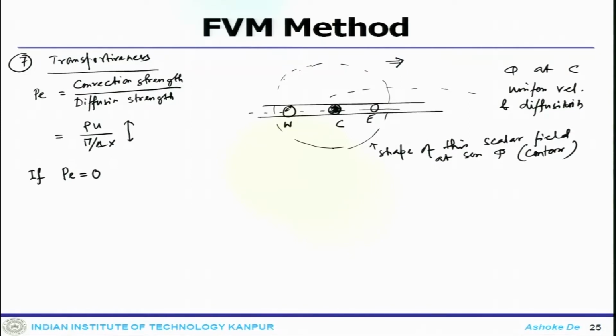Now, if the Peclet number is 0, what does that indicate? It indicates the transport of phi is governed by diffusion.